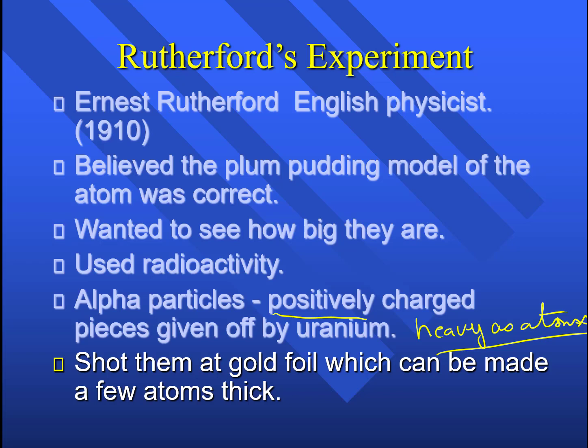And he wanted to make it as few atoms as possible, so he picked gold, because gold can be made just a few atoms thick. I think the number I looked up was that the gold he used was about 10 nanometers thick. So you're only going to hit a few atoms at a time.